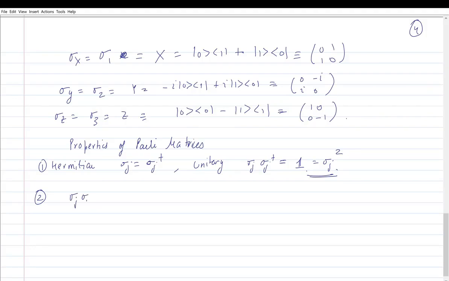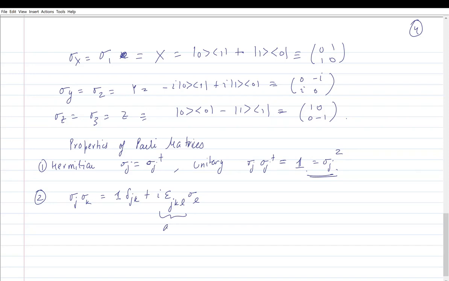The product of two Pauli matrices is this.